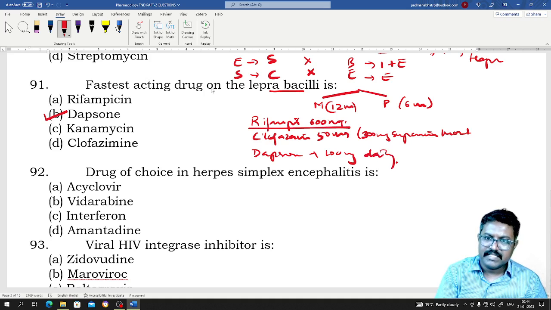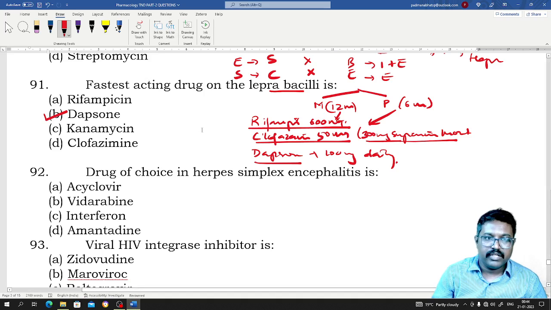So rifampicin 600 milligram daily, clofazimine 50 milligram daily, and in addition to that you need to have a 300 milligram of rifampicin under supervision monthly, dapsone 100 milligram daily. So this is all good for both the multibacillary leprosy as well as paucibacillary leprosy, only the duration will differ.